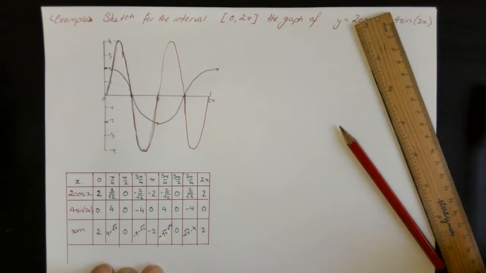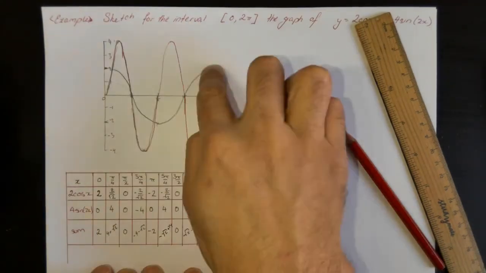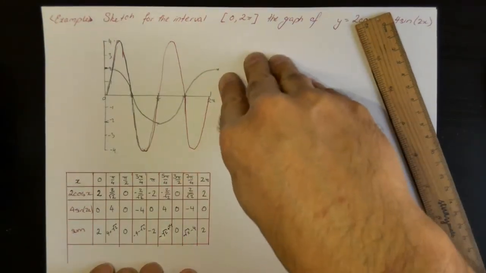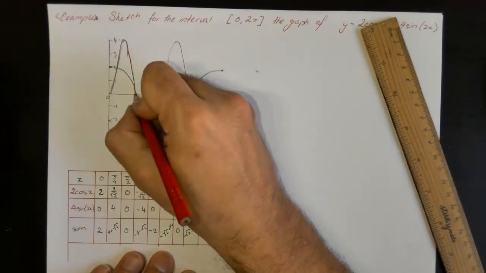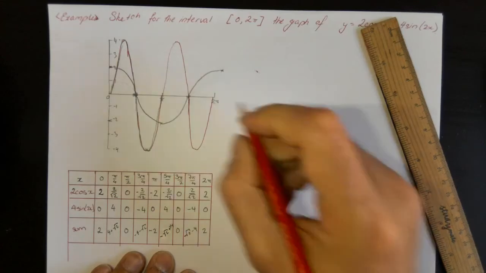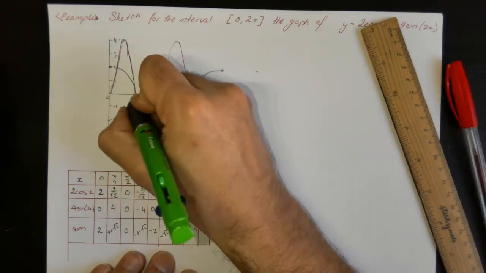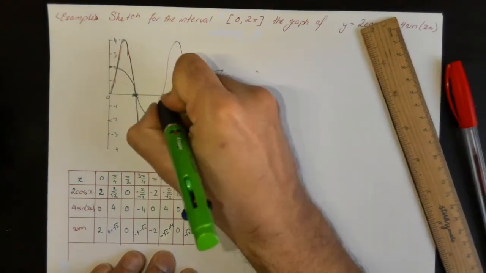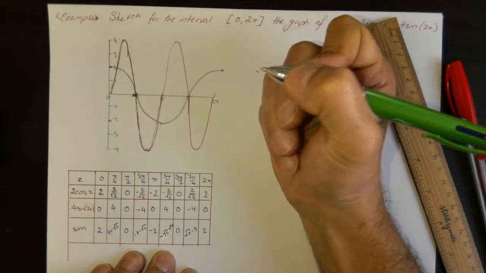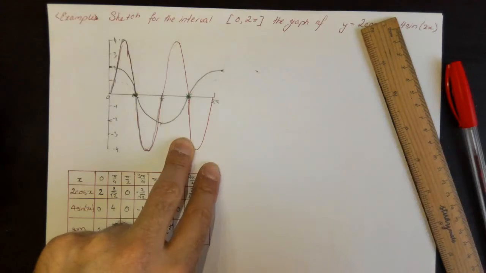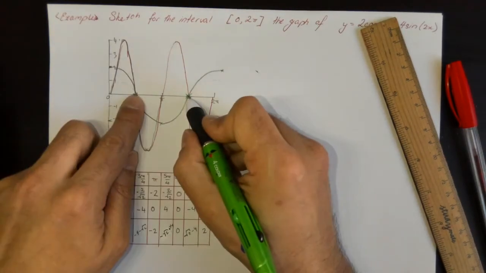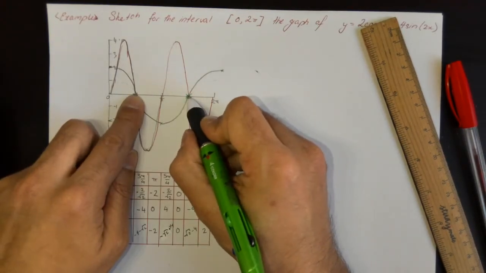Now what we want to do is we actually want to add this red curve with the pencil curve. So we notice that looking at these points, at pi on 2 and at 3 pi on 2, they're the same point.